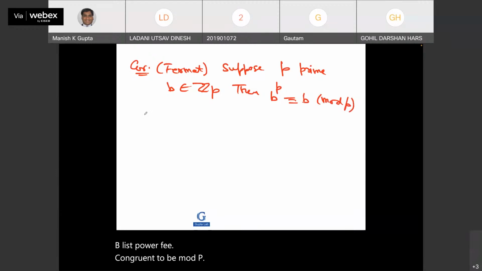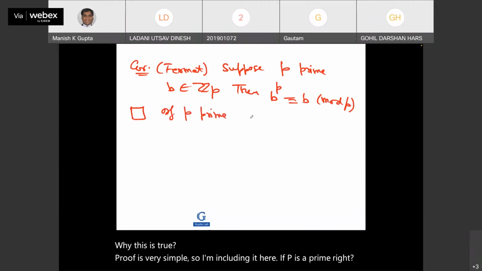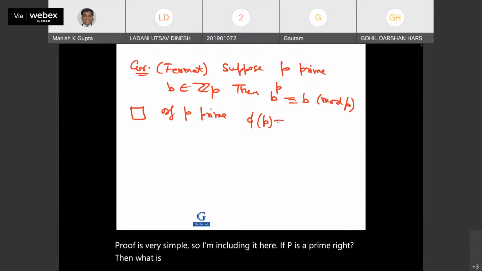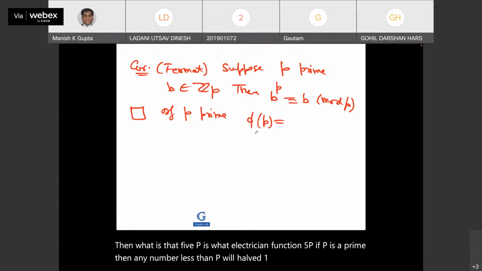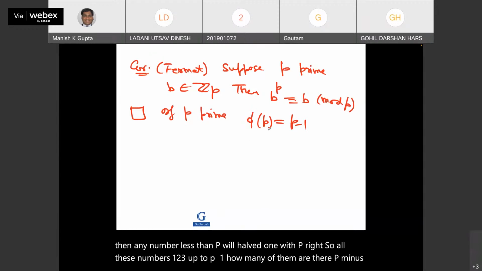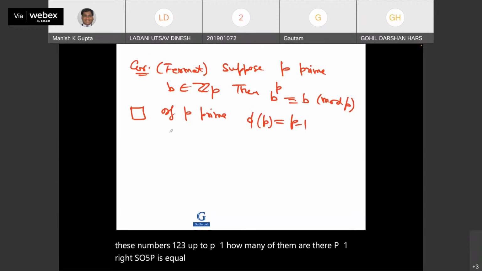Why is this true? The proof is very simple, so I'm including it here. If p is a prime, then what is Euler's totient function phi of p? Any number less than p will have GCD 1 with p. So all these numbers 1, 2, 3 up to p minus 1, how many of them are there? p minus 1. So phi of p is equal to p minus 1.